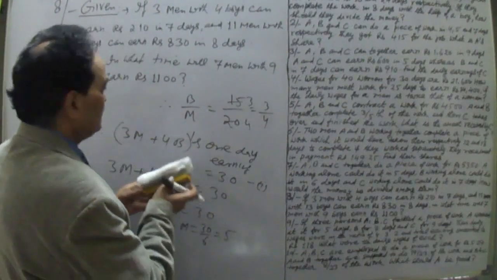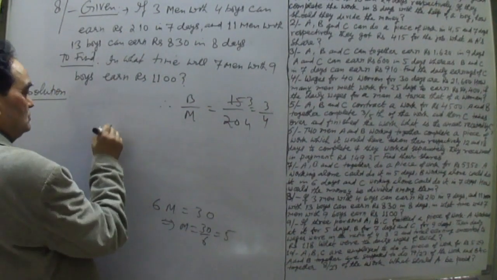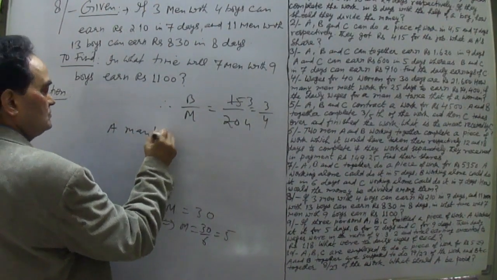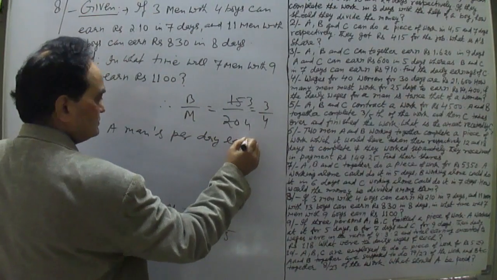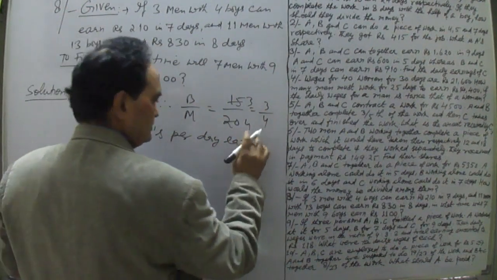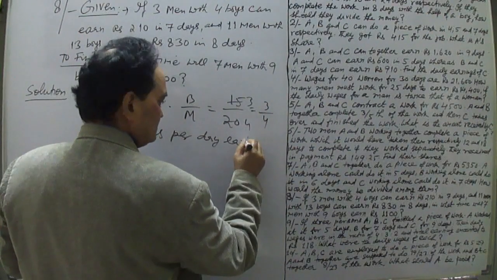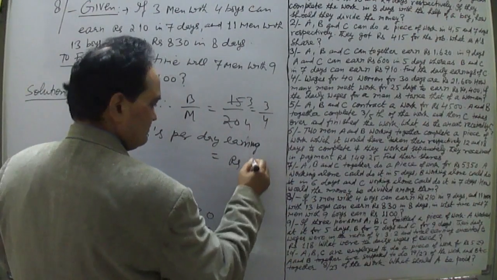Okay. So a man's per day earning, let me write here. A man's per day earning of wages. Let me write clearly. Per day earning equal to rupees 5.